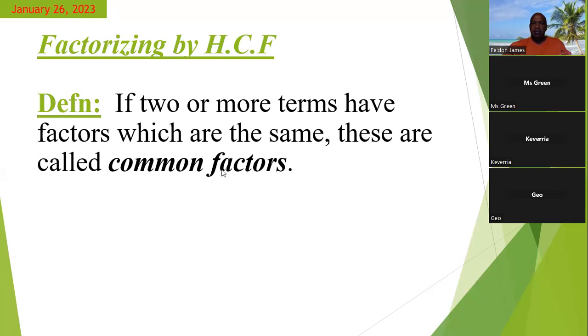First, I look to see if there's a number that occurs in all the terms, like say we have 3x plus 3y, 3 would be common. If there's a letter that occurs in all the terms, let's say we have AB plus AC, then A would be common. Those would be the common factors, and those are what we have to pull out when we are factorizing by the HCF method.